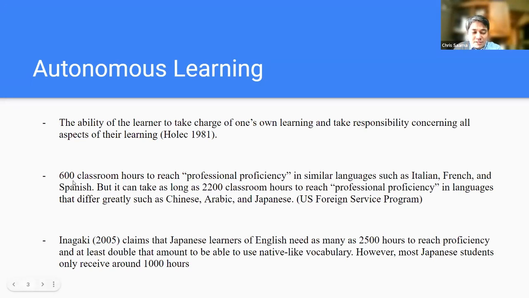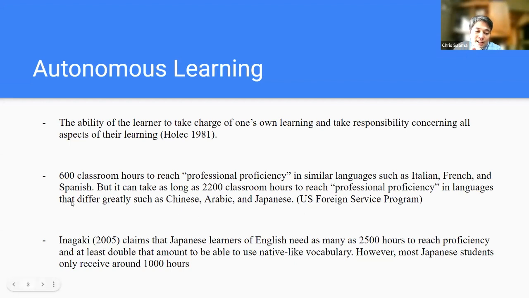You need about 600 classroom hours to reach professional proficiency in a language that's similar to English, for example Italian, French, or Spanish. I would guess probably a lot more, but that's the US Foreign Service Program's recommendation.